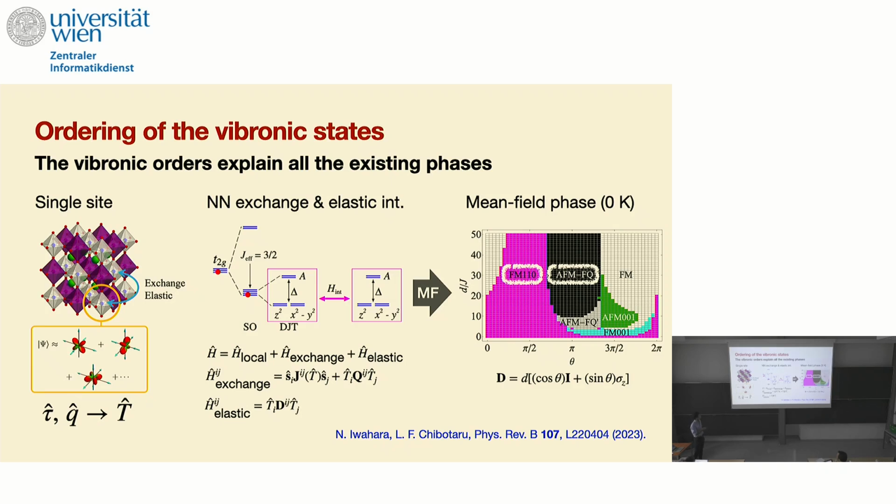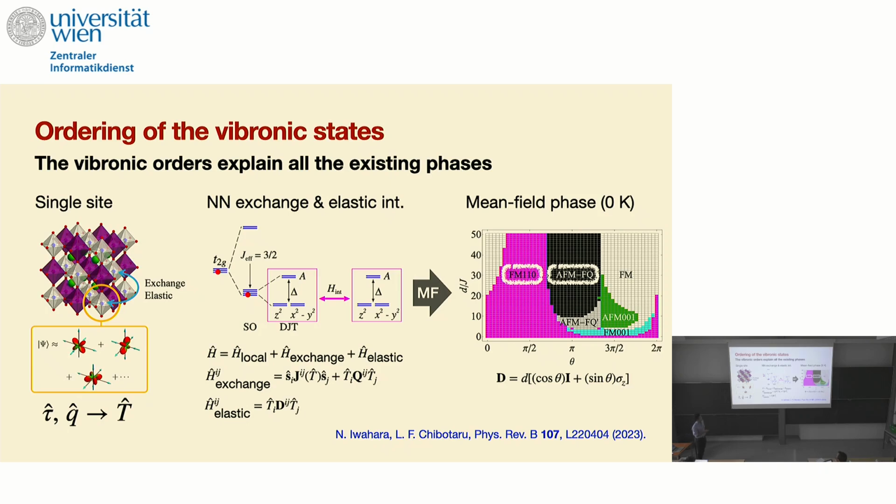We describe orbital angular momentum and coordinates in terms of quadrupole operators. Then we consider next nearest neighbor superexchange interaction and elastic interaction between low-lying vibronic states. And this is our model Hamiltonian.